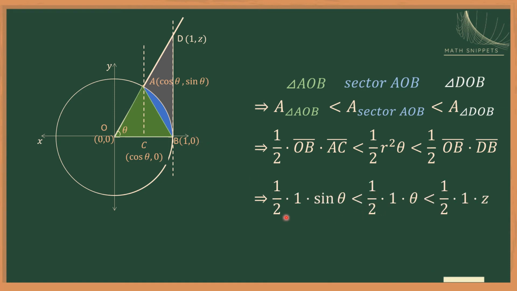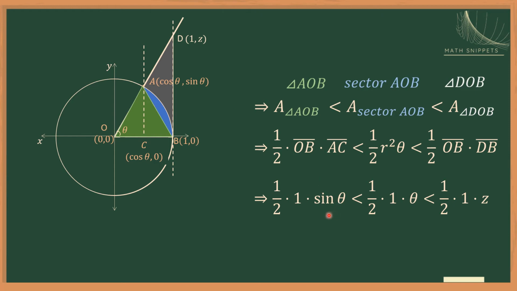Okay, so when we substitute the given values, since we have a unit circle, the length of OB from the origin to the point on the circle is 1. It's the radius. Then the length of AC, the height, is sine theta.